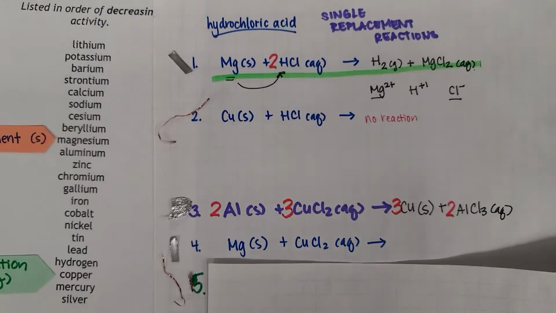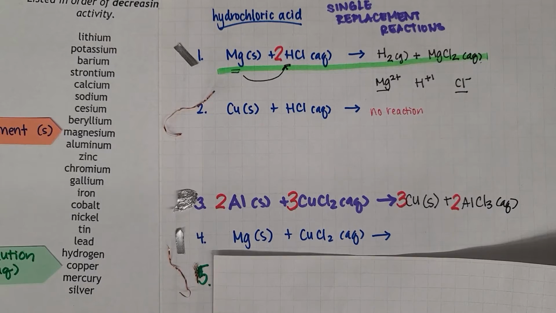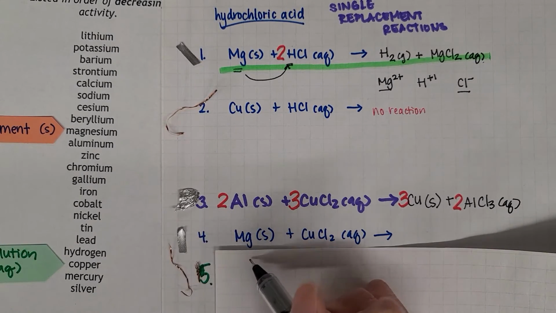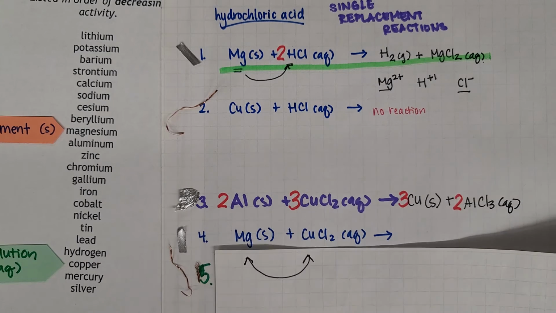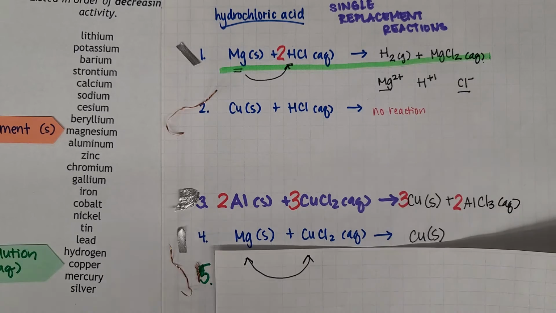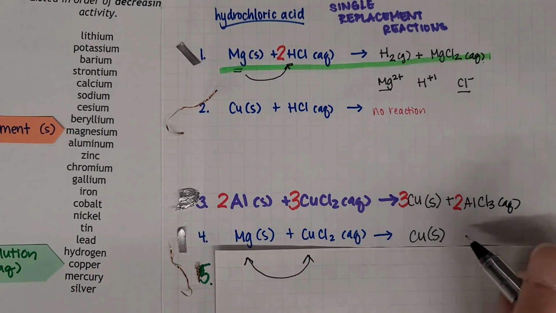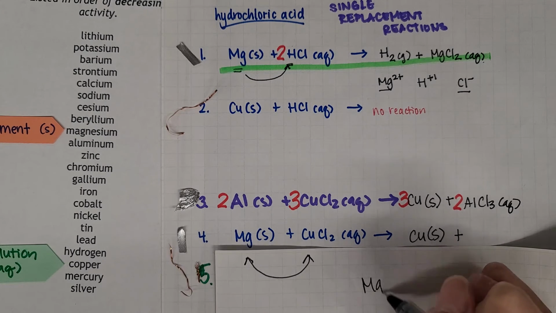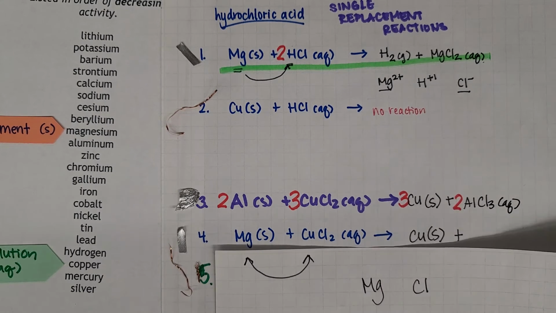If I were to now start writing some formulas, since magnesium is more reactive than the copper in solution, the magnesium is going to switch places with copper, which leaves copper by itself again, and it's a solid. It was that red-brown powder that I was showing you. And so if copper is by itself, that leaves magnesium floating around, that leaves chloride floating around.